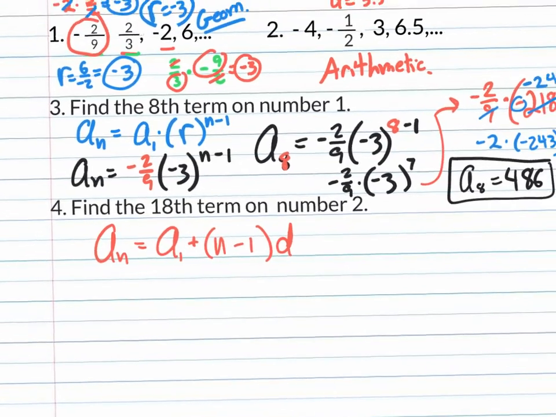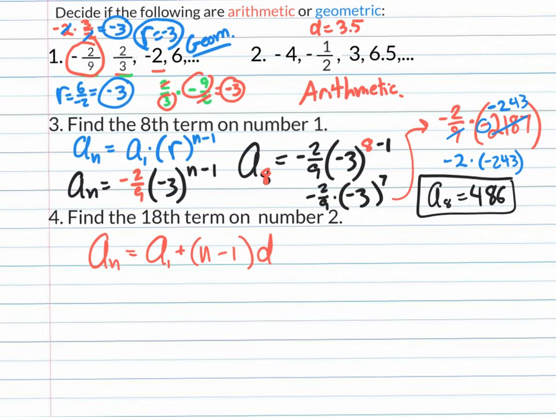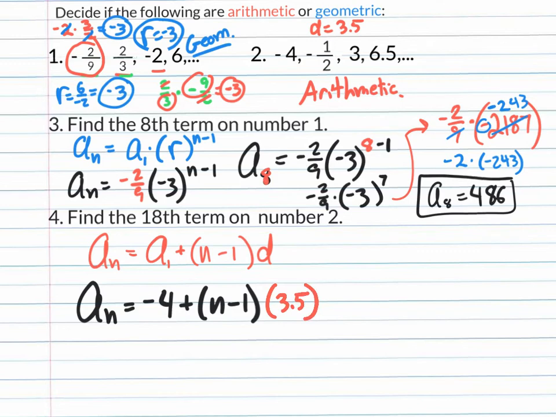Okay, so let's plug in what we know about number 2. We have a sub n equals a sub 1, which is -4, plus parenthesis n minus 1 times that common difference d, which as you could see up here on number 2, we said the common difference d was 3.5. So we're going to be multiplying by 3.5. So this is kind of ugly because we have a decimal, but that's okay. Let's distribute.